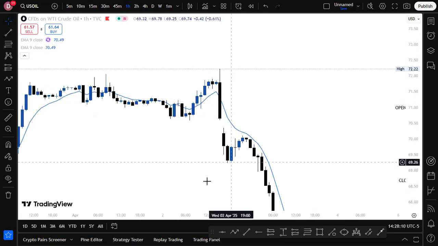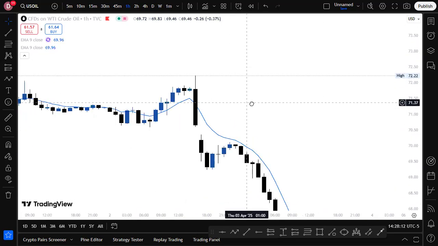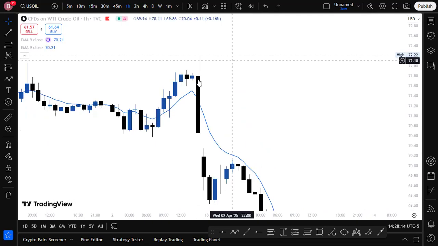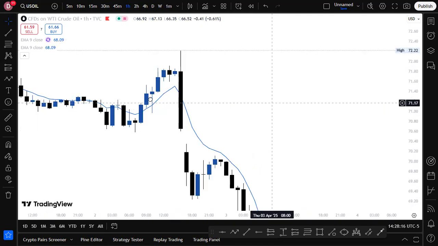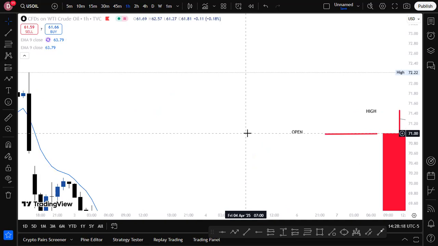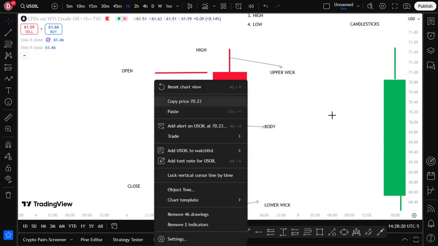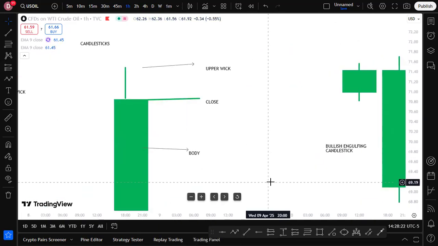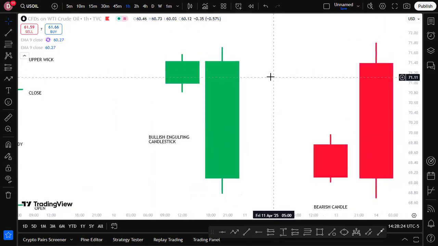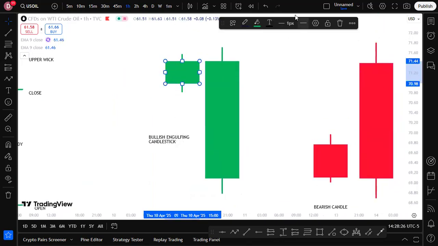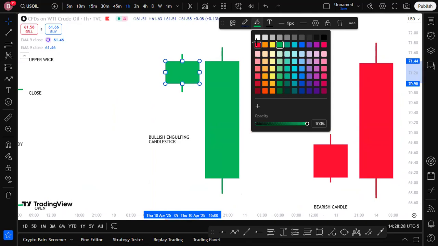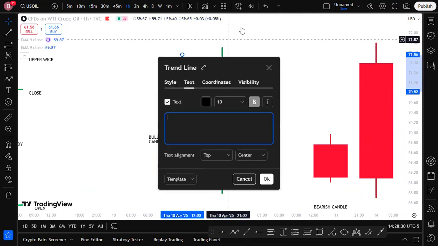So now this is an example of a bearish candlestick. This is our small one. Let me use this now. So now let me turn this to red to explain the candlestick properly for you.